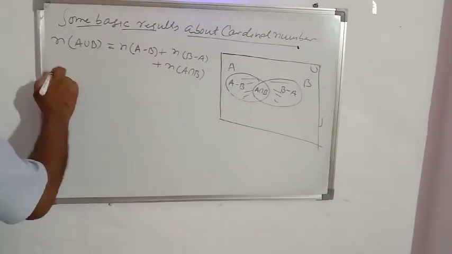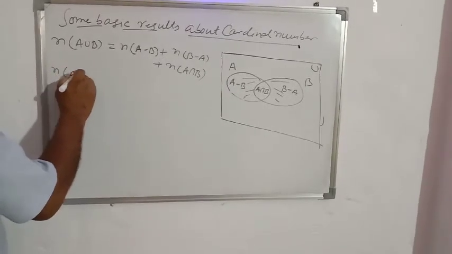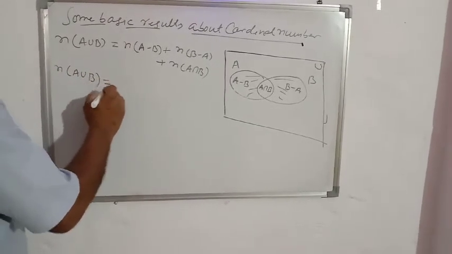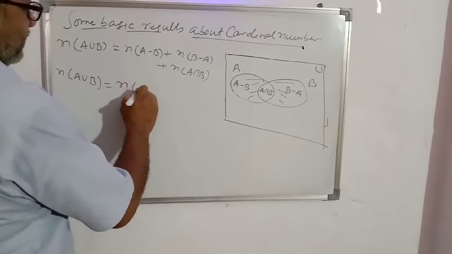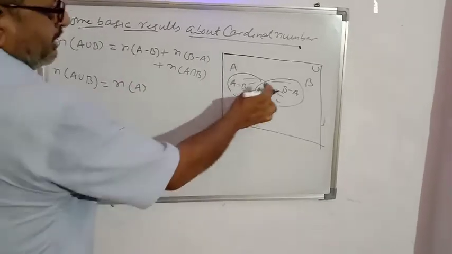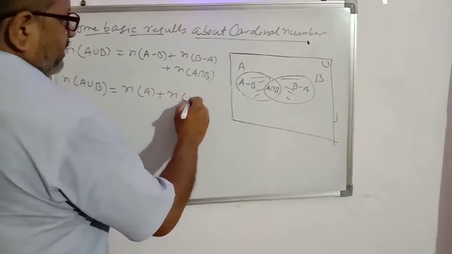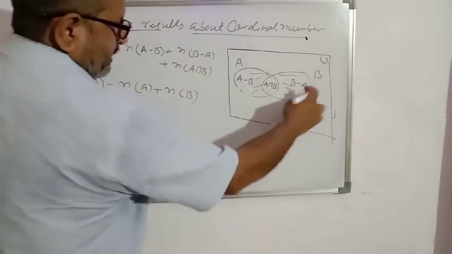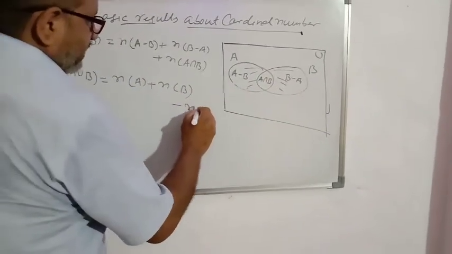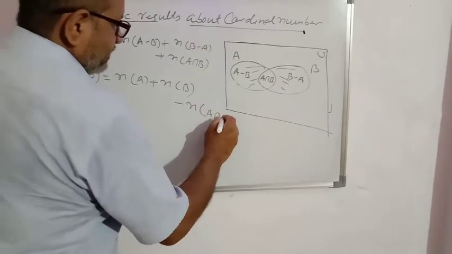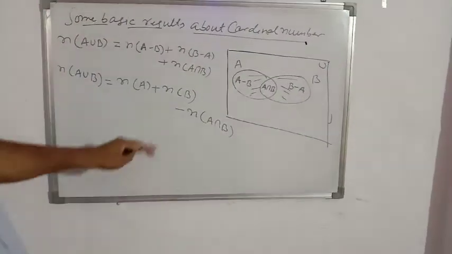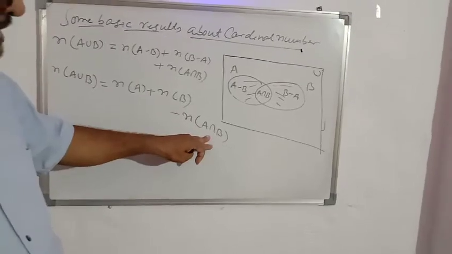Next formula for the cardinal number of A union B. We can write n(A), cardinal number of the whole set A, plus cardinal number of set B, minus n(A intersection B). Why are we subtracting n(A intersection B)?